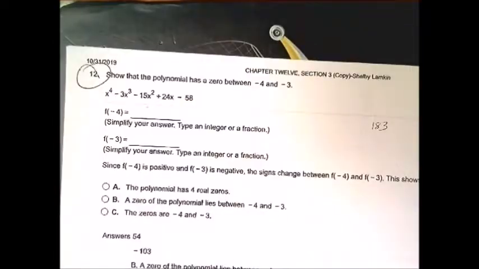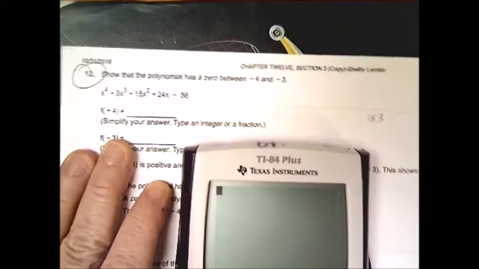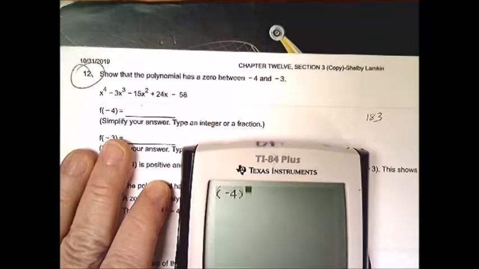Number 12 says show that the polynomial has a 0 between negative 4 and negative 3. This is pretty easy. You're just going to put negative 4 in place of x: negative 4 to the 4th power, minus 3 times negative 4 to the 3rd power, minus 15 times negative 4 squared, plus 24 times negative 4, minus 58.